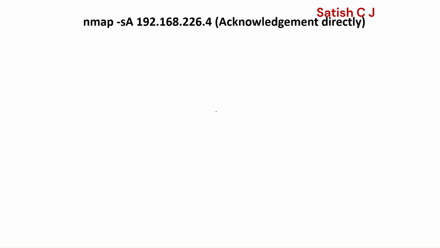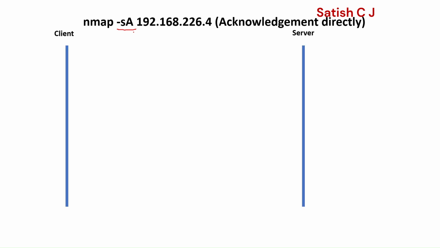The next scan we are going to take a look at is an acknowledgement scan, as we are seeing here, and we'll send an acknowledgement scan focused on port 21. So what we have is the client and the server, and here the client directly sends an acknowledgement packet. What do I mean by directly sending? See, the client should initiate with a SYN request, but here the client is sending an ACK.